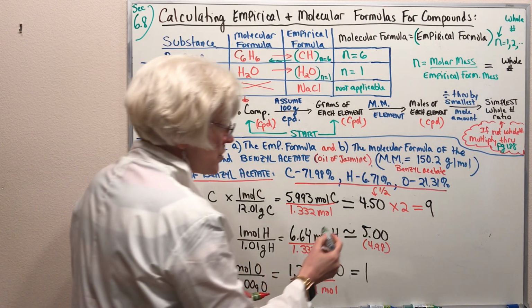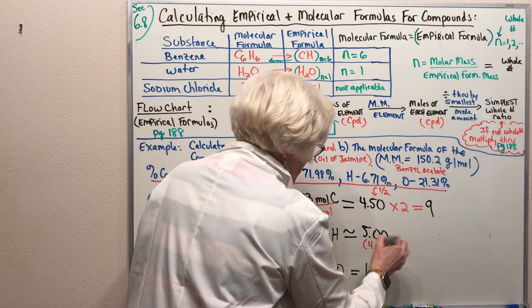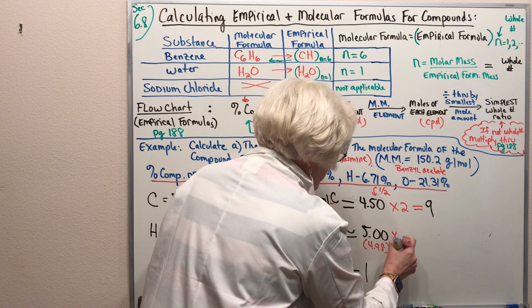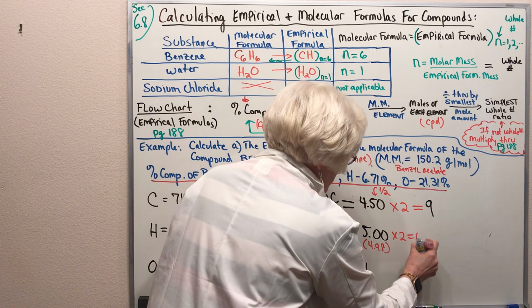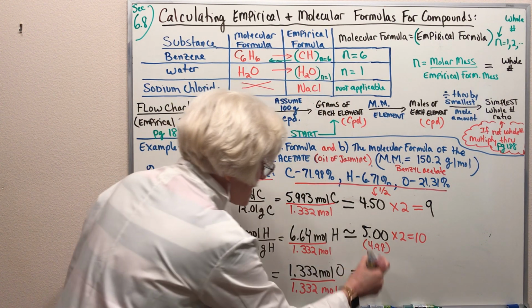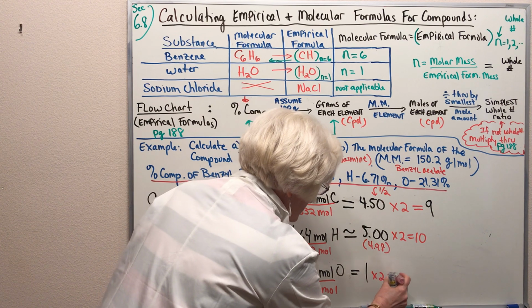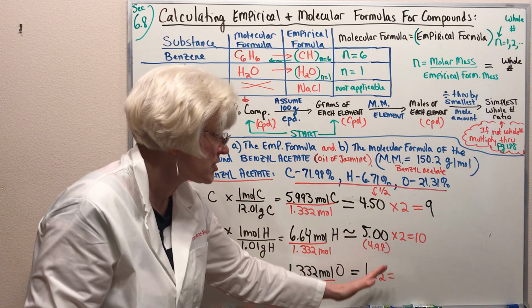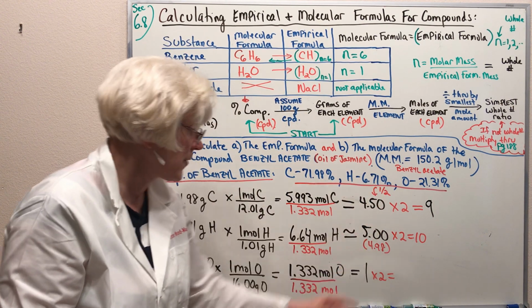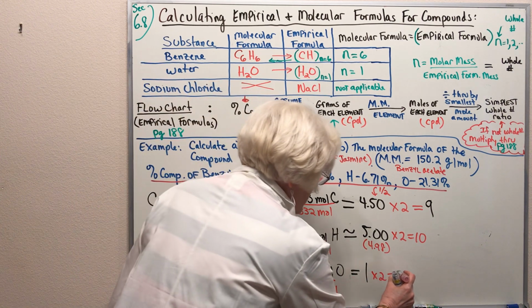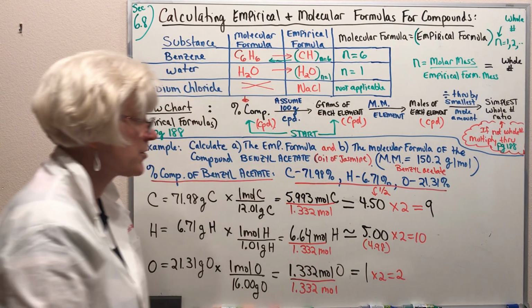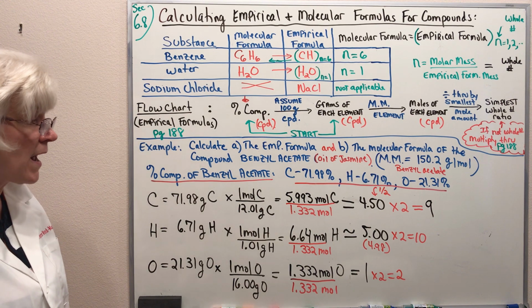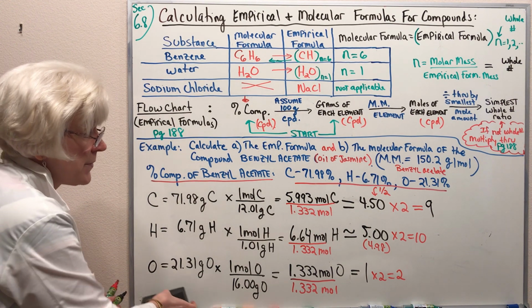But what you do to one substance, you have to do to all of the others. So I'm doing the same calculation so that I keep the ratio consistent throughout the compound, multiplying everything through by 2 to come up with these whole numbers.